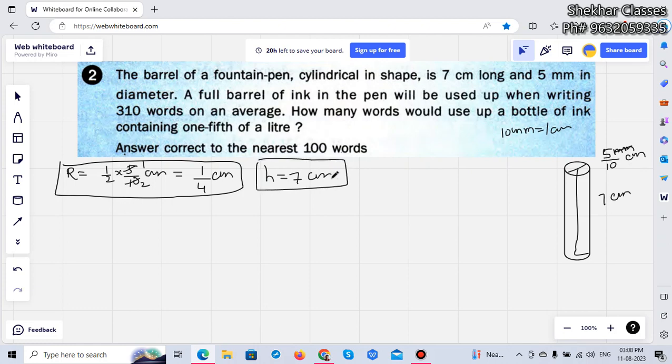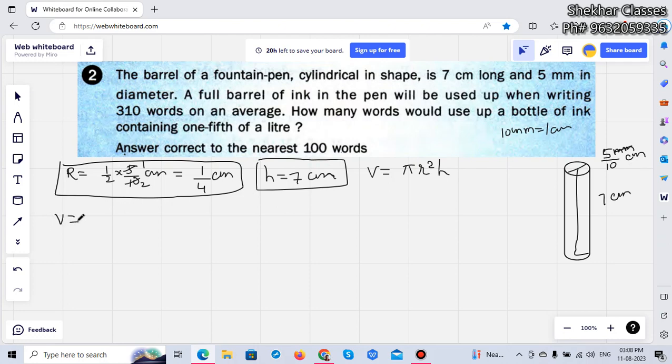Now we have got the height, we have got the radius. Now we have to find it out. It says if you fill it up completely, it will be used in writing 310 words on an average. So what is the volume of this one? The volume here will be equal to, for a cylinder, pi r square h. We know that pi is 22 upon 7.